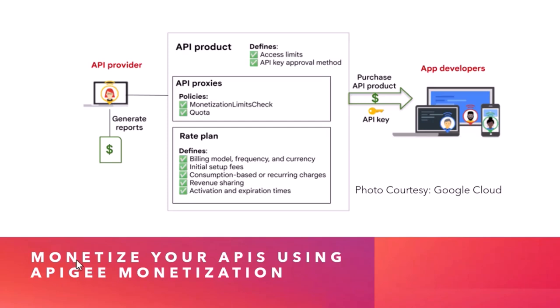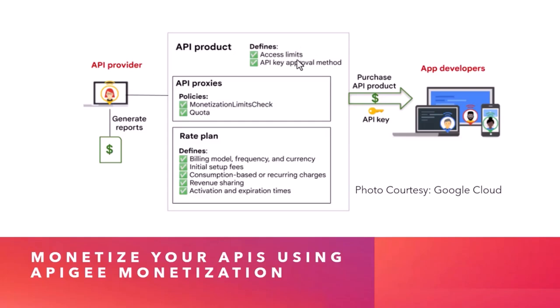So this is a snapshot of a Google Cloud documentation diagram for Apigee monetization, and this looks like a flowchart. You can say a schematic diagram. It's an API provider, and this generates reports, and these are the API provider's API products.